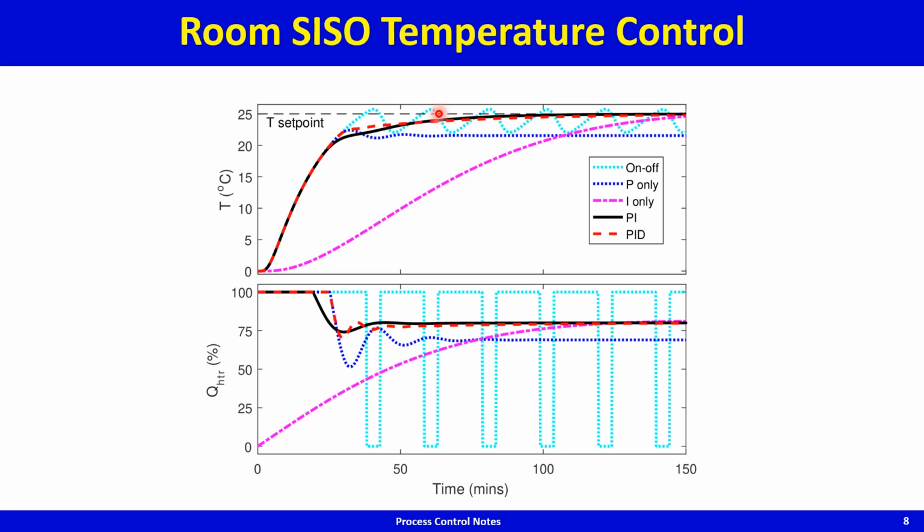If you put in a proportional controller, the proportional controller is this blue dotted line. Again, the heater switches on and maxes out at 100%.